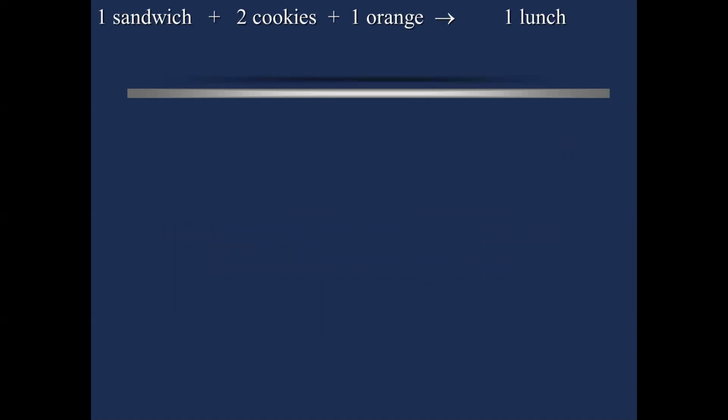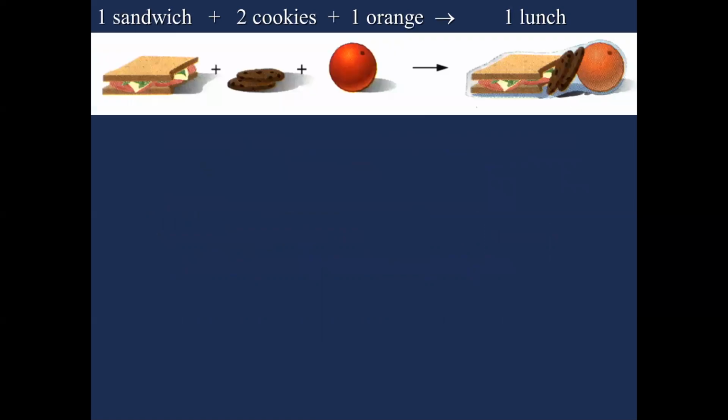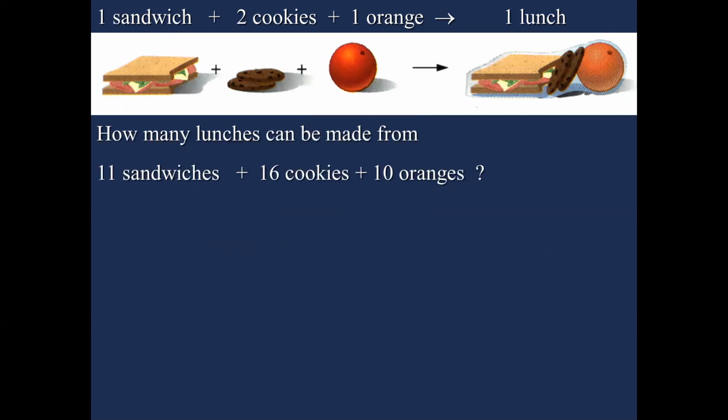In order to understand that, I give you a simple example. Let's prepare some lunch. Assume we need 1 sandwich, 2 cookies, and 1 orange to prepare 1 lunch. Now, if we have 11 sandwiches, 16 cookies, and 10 oranges, how many lunches can we prepare? For 1 lunch I need 2 cookies.